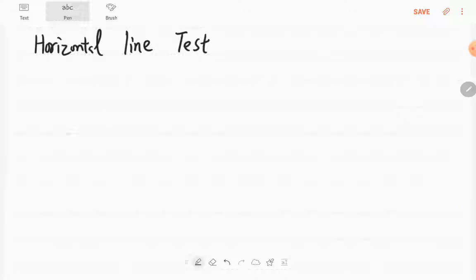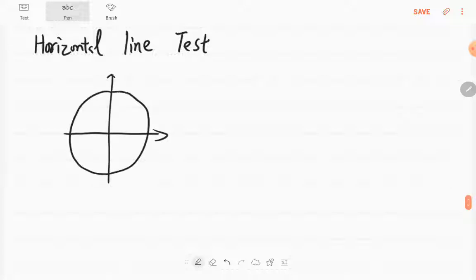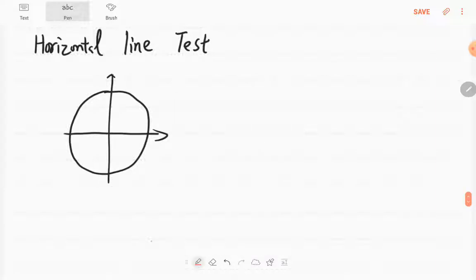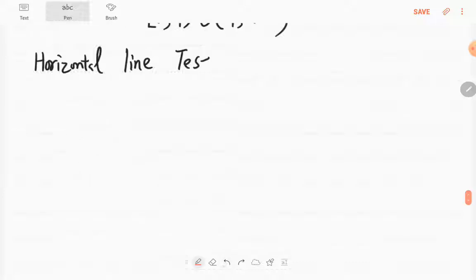Okay, so let's look at this one. We have a circle. We want to know if the circle is a function or not. We just draw an arbitrary horizontal line. Horizontal line means there is only one y value, right? Sorry, I made a mistake. This should be the vertical line test.